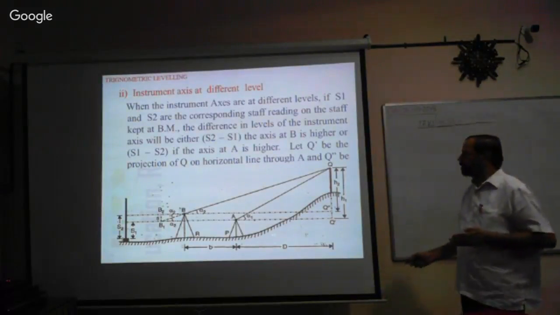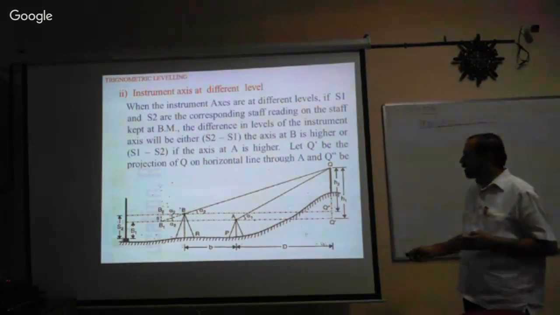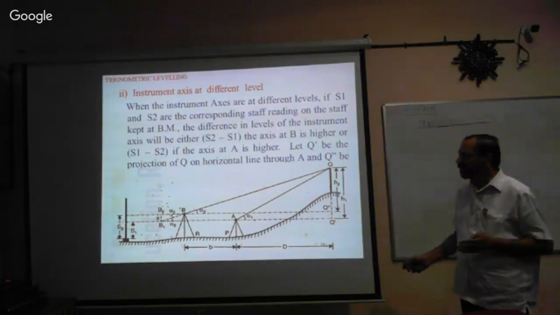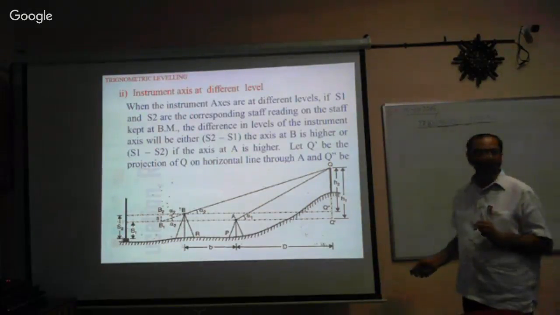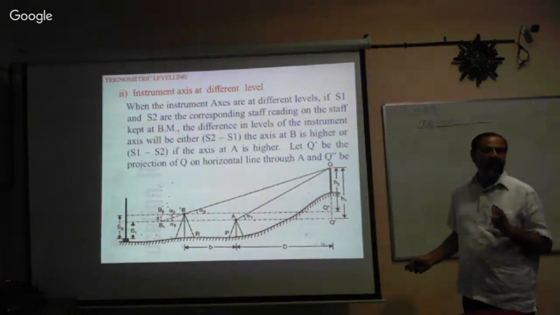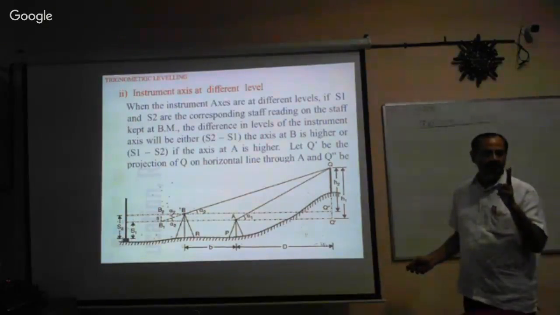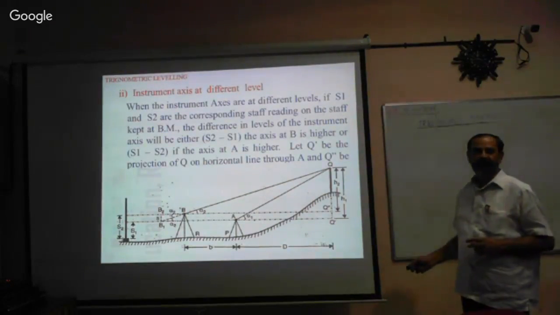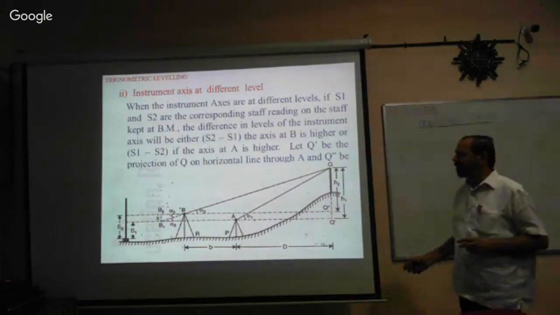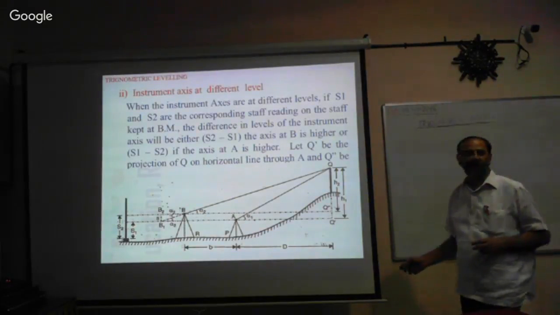Then measure the vertical angle and note down the staff reading on the benchmark. How many data do we have now? We have two: one is alpha 1, the other one is S1.